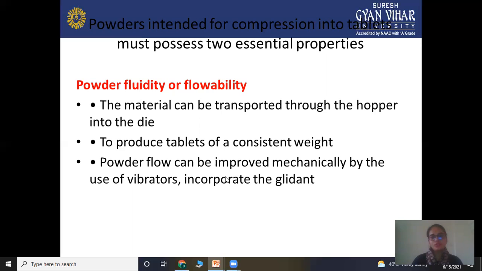So you can use this vibrator for improving powder flowability. And your tablet should be of uniform size, and a fixed amount of tablet is formed for the complete batch.